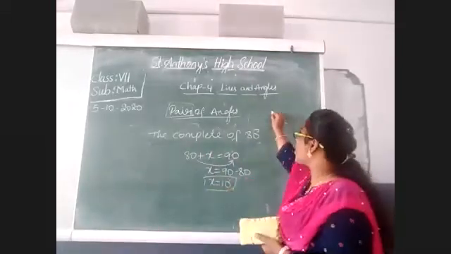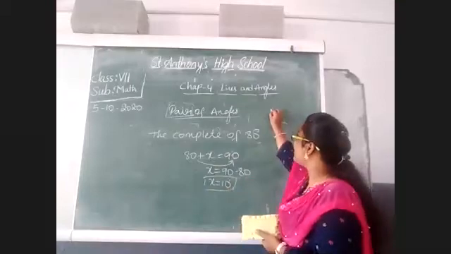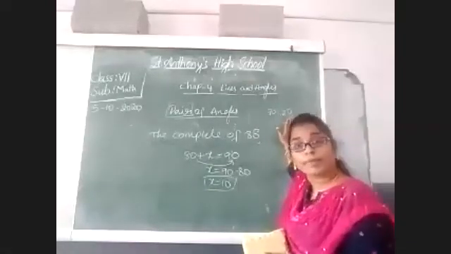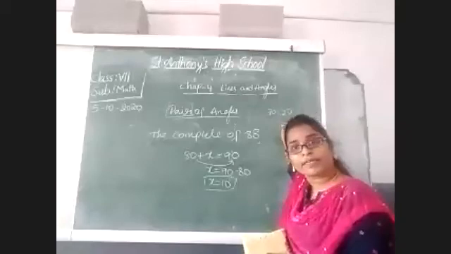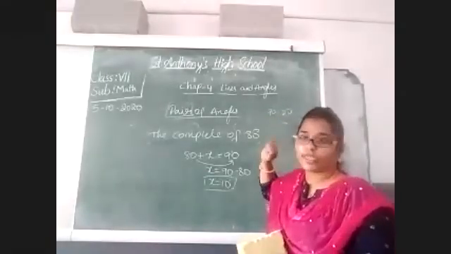What is the complement of 70? 20. What is the complement of 20? 70. Clear.